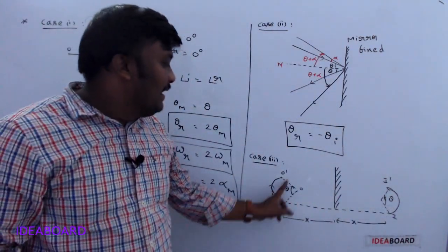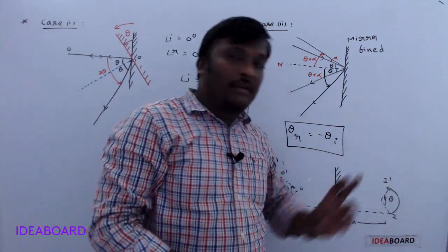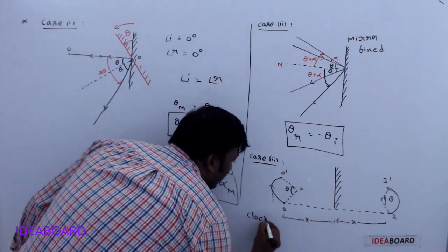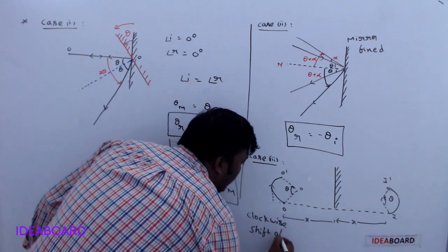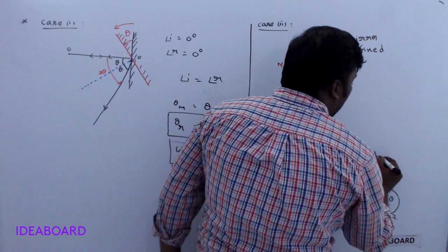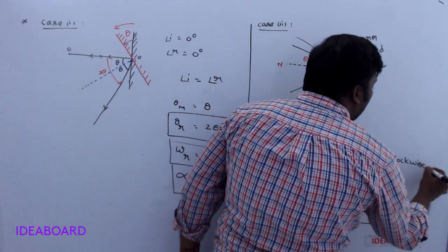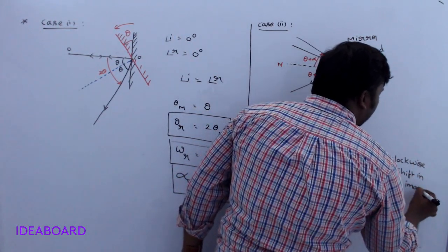This is a clockwise shift of the object, and here there is an anti-clockwise shift in the image.